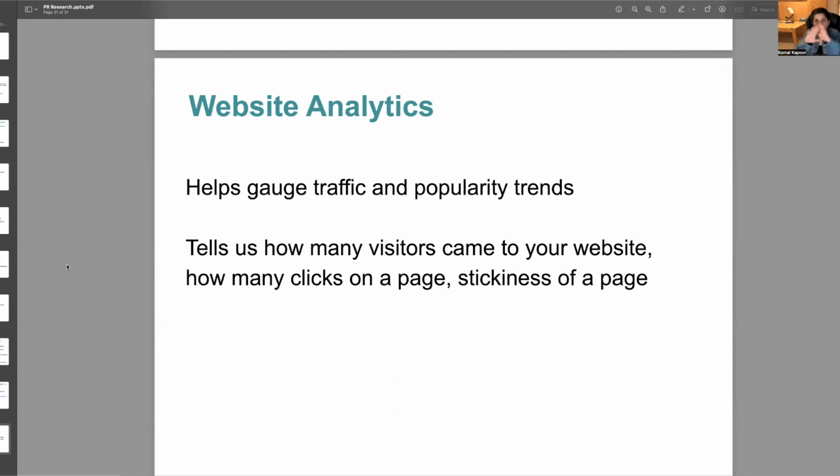How much time do they spend on your homepage before navigating to another page? These are the kinds of data points that really help us figure out why somebody chooses our site, our specific article, which section, which product they are spending most time on. These are really great data points.